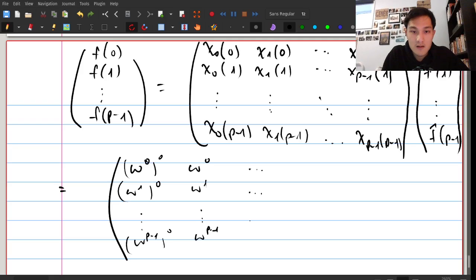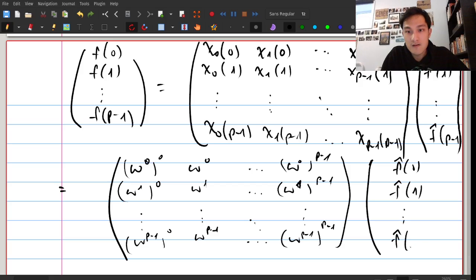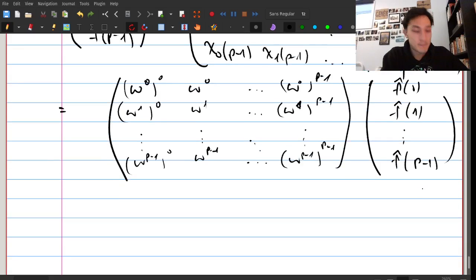And the last one, we have omega to the 0 to the p minus 1, omega to the 1 to the p minus 1, all the way down to omega to the p minus 1 to the power p minus 1, times the same vector, f hat of 0, f hat of 1, f hat of p minus 1. Okay, so that's all nice.